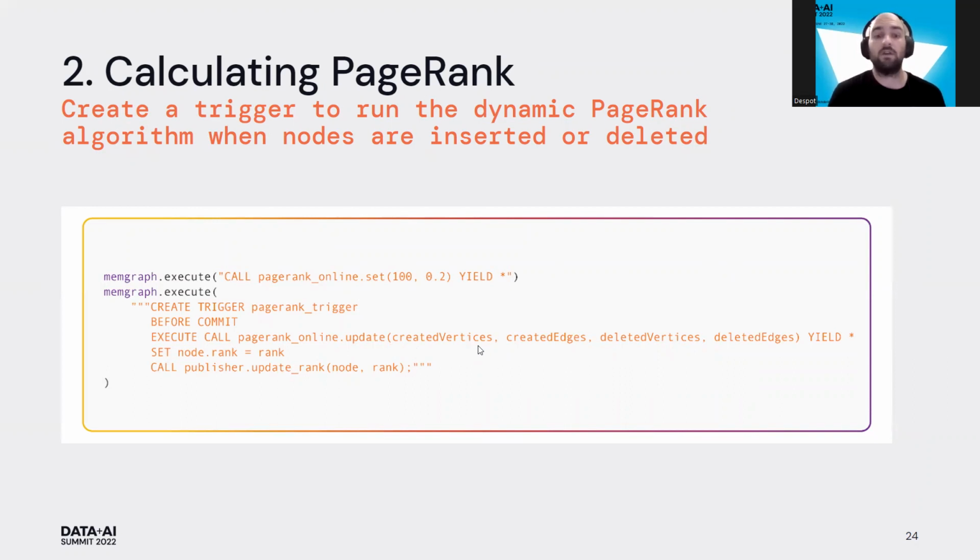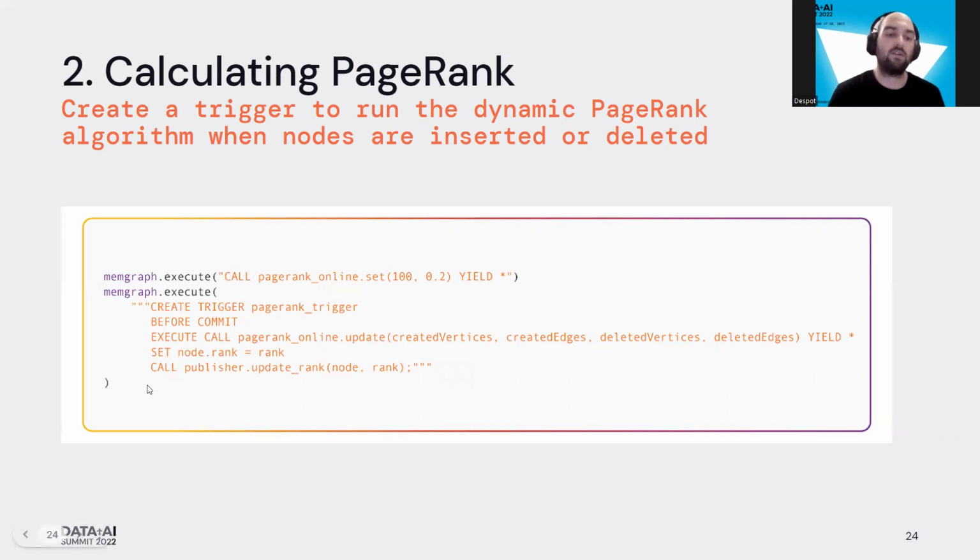Vertex is another name for node, whenever there is a new edge or whenever there is a deletion in vertices or edges. When the PageRank value is calculated for the node, it gets added as a property to that node. So node.rank equals the newly calculated PageRank value.